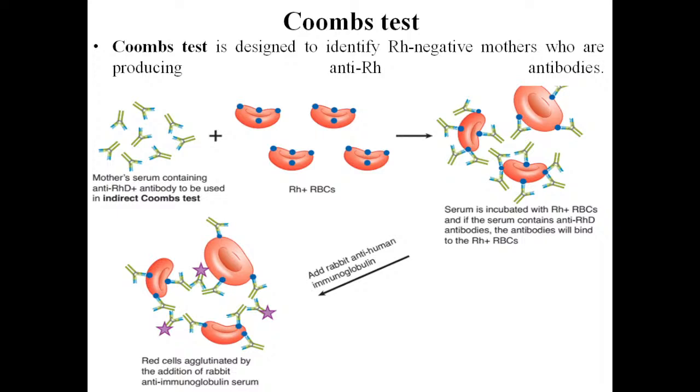It occurs in rhesus negative women and leads to hemolytic disease of newborn or erythroblastosis fetalis, because mother's immune system produces antibodies against baby's red blood cells. How to prevent hemolytic disease of newborn? Firstly, we should detect these antibodies.